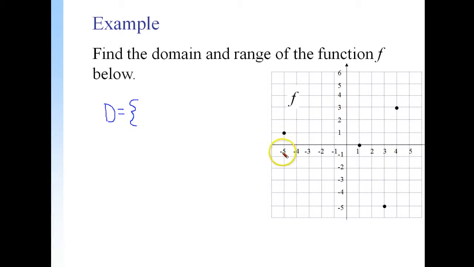The X value of this one is going to be -5. The X value of this is a 1. Now the X value of this one is a 3. And the X value of this one is a 4. This is our domain. We have just listed the X values. And we usually write it like so.